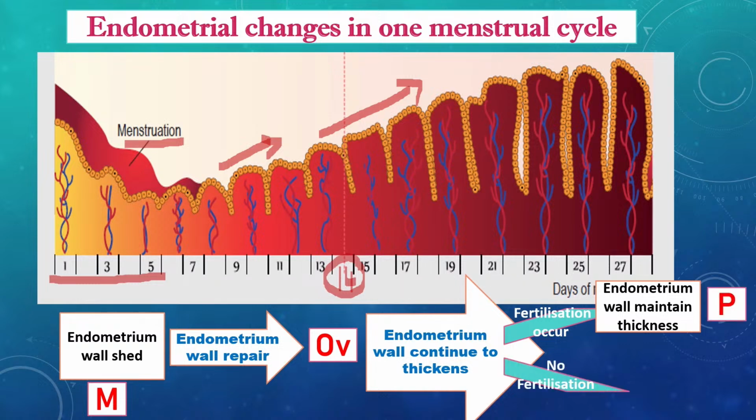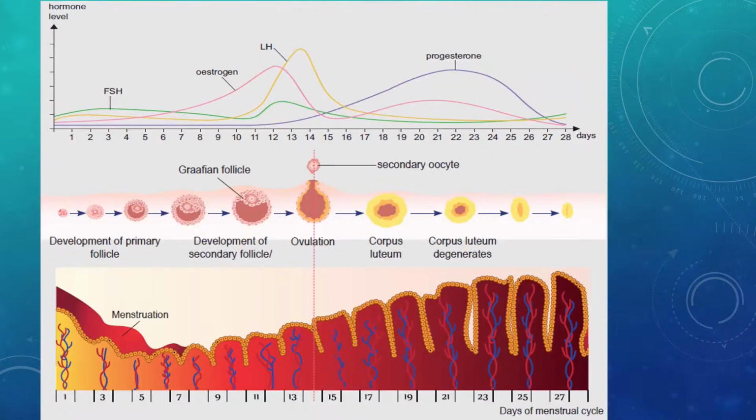But if fertilization does not occur, the corpus luteum will degenerate, the progesterone level will drop, and that will cause shedding of the endometrial wall.